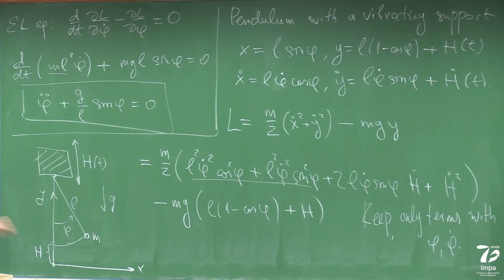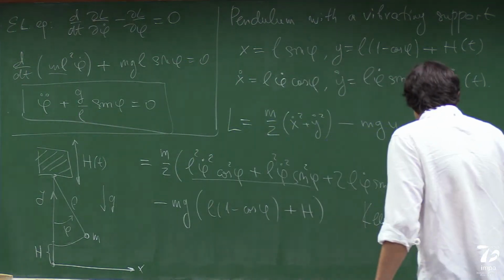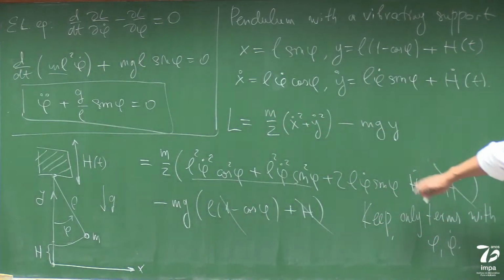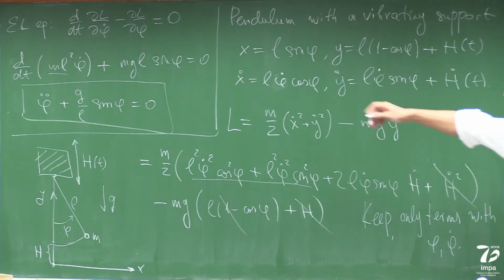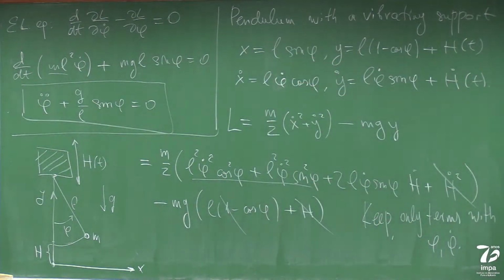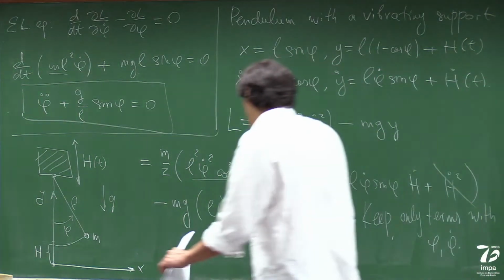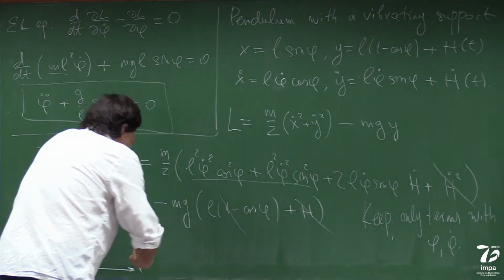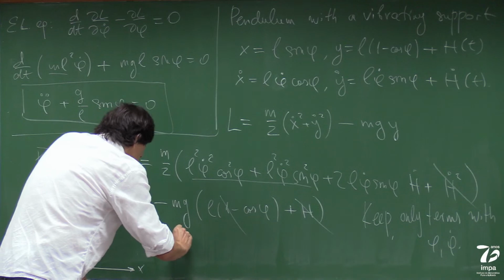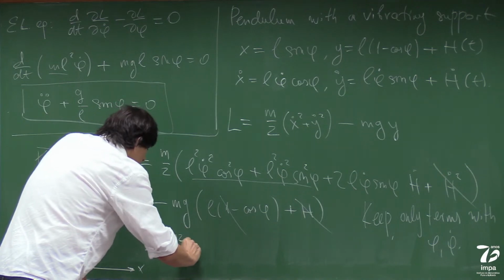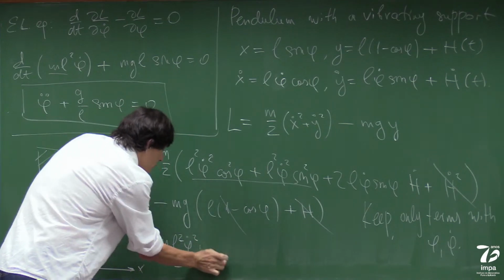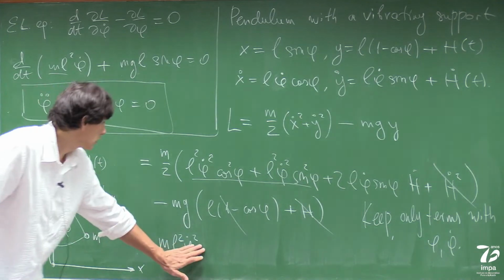So we can forget about many terms, about this term and about this term. You can keep them if you want, but they will not change the equation of motion. So these two together will give you m L squared psi dot squared over 2.